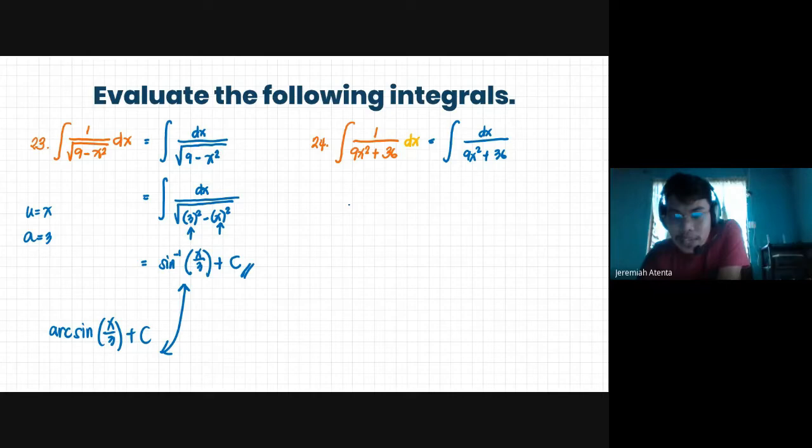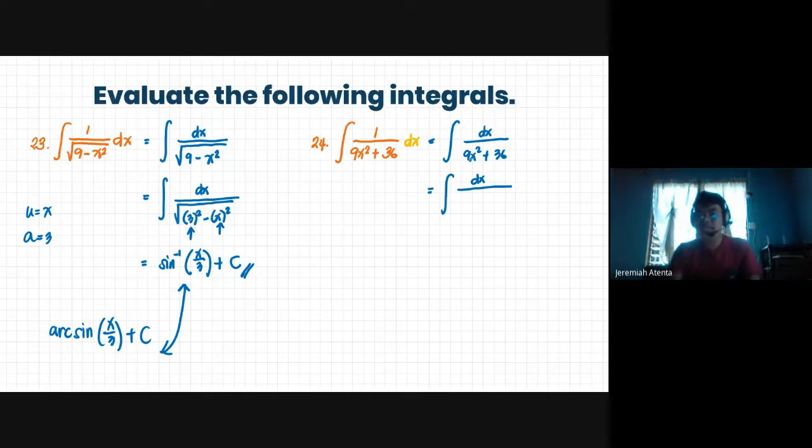So from that, we can rewrite this as the integral of dx over 9x squared. How are you going to rewrite this one as a certain variable raised to 2? So 9x squared can be written as, kunin nyo lang yung square root ni 9x squared.